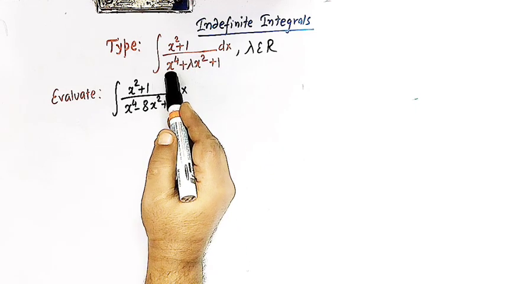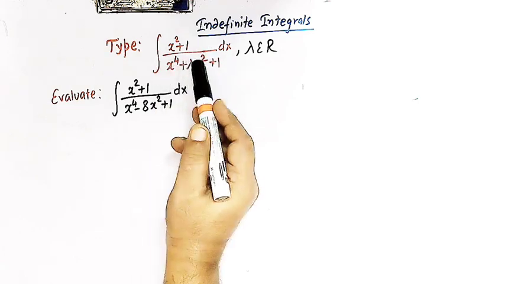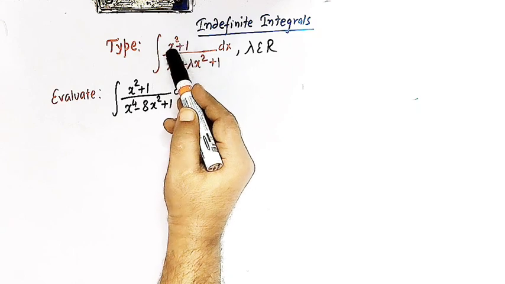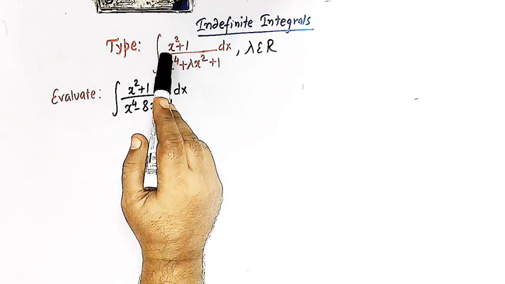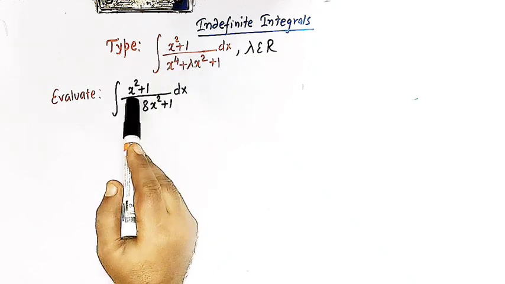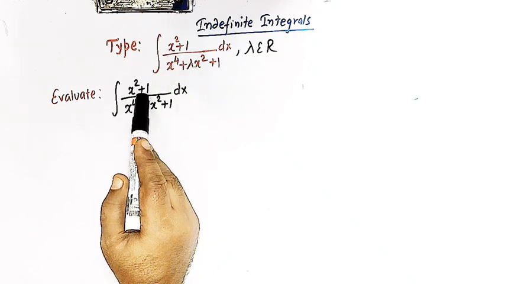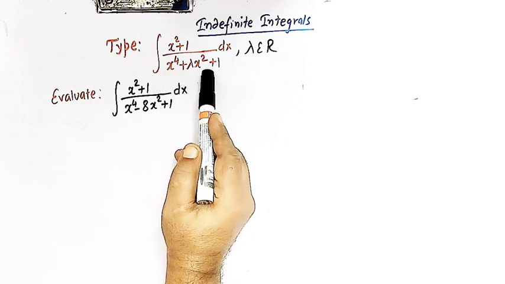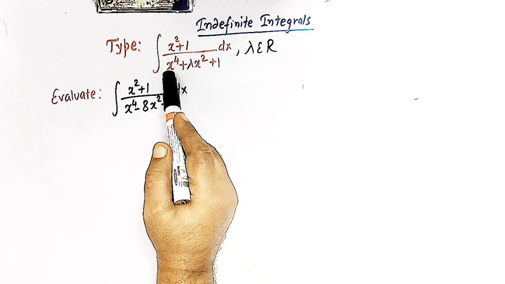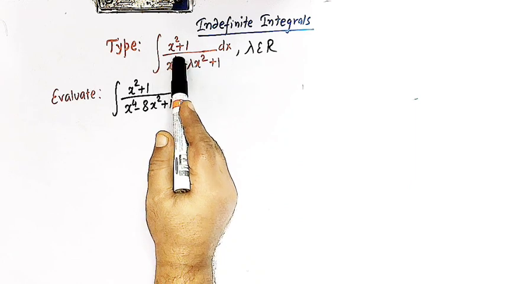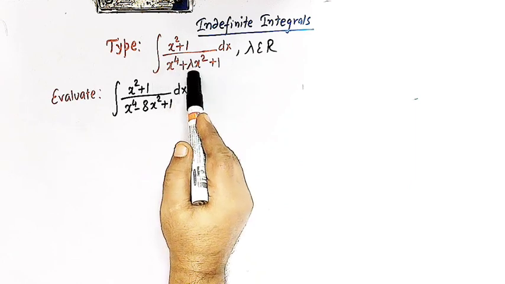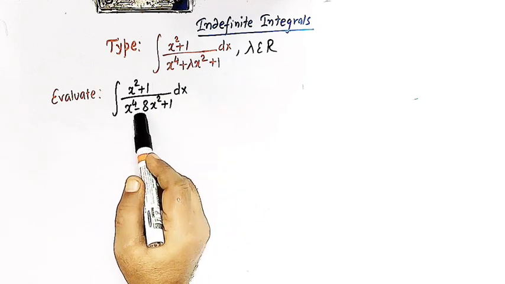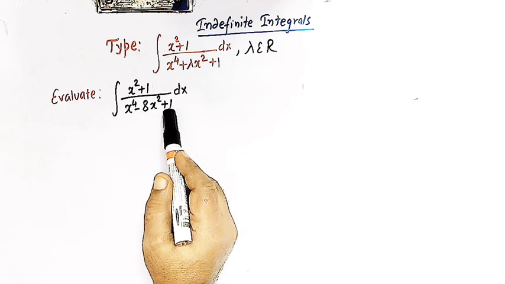So here we can see that the integrand has a numerator and denominator. The numerator is a quadratic function of the form x square plus 1, and here also we have x square plus 1, and the denominator is a biquadratic function, that is of the form x raised to 4, here the degree is 4, plus lambda x square plus 1, and here we have x raised to 4 minus 8x square plus 1.